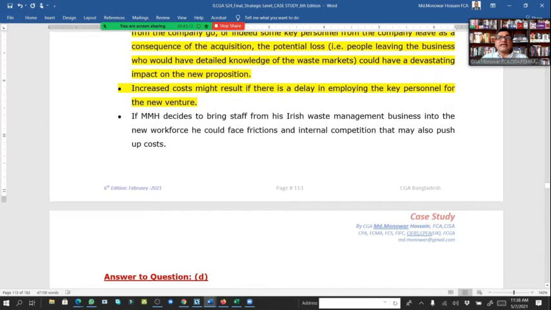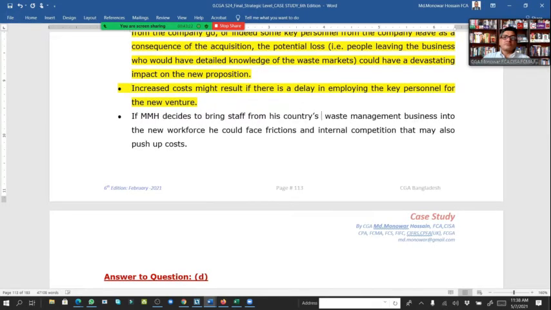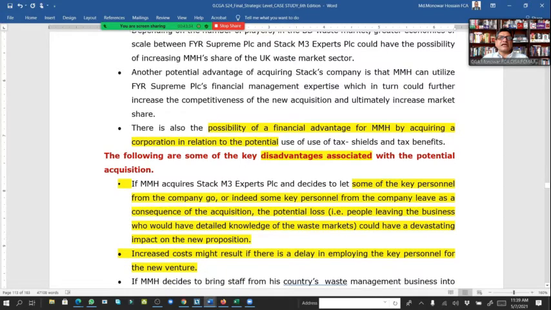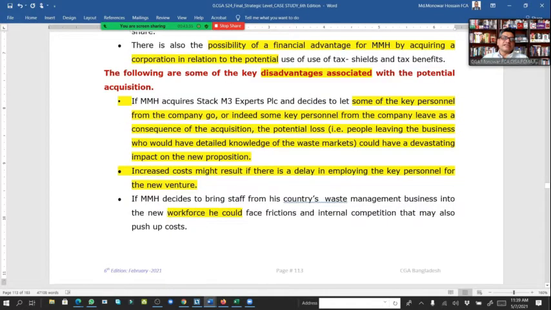MMS decides to bring staff from his waste management business into the new workforce, to facilitate the internal composition. It can be different things, because the owner wants to bring workforce from his country after the acquisition of the new company.